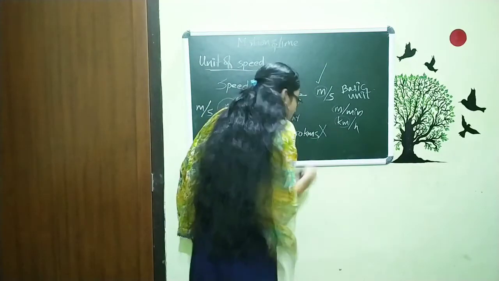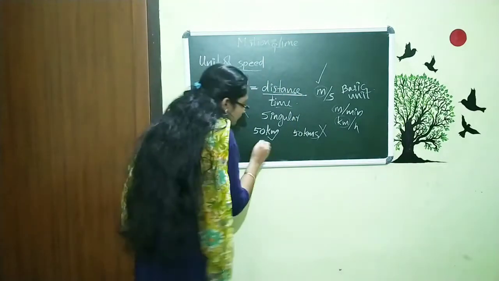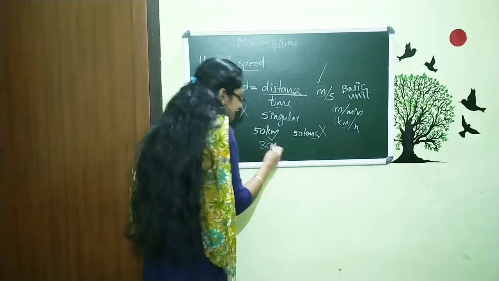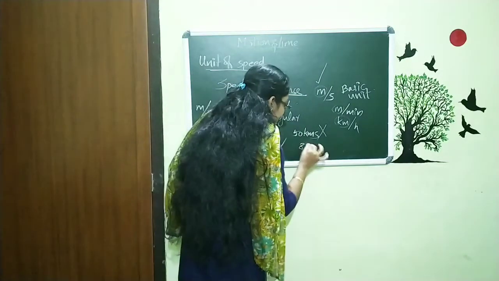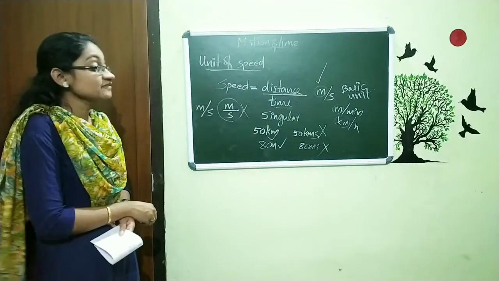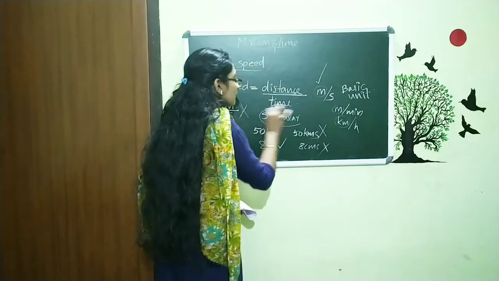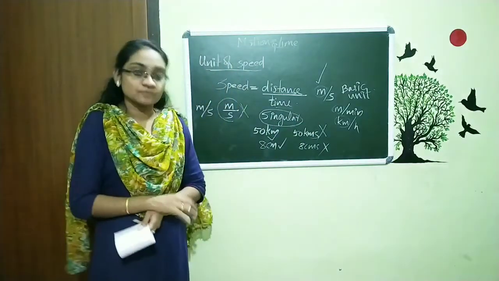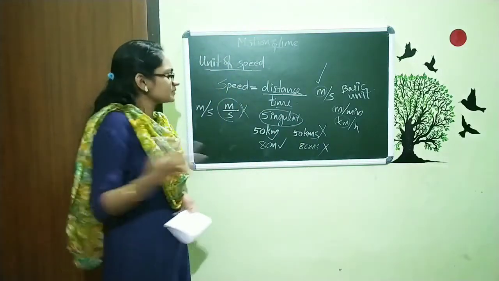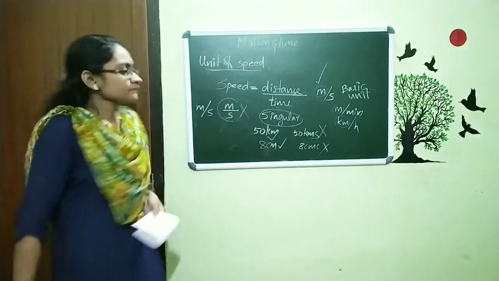This is wrong and this is right. And also 8 centimeter, this is right. And when we write it as 8 centimeters, this is wrong. So always we want to write the unit in singular form and we are not using plural form. So just remember that, something basic for writing the unit.